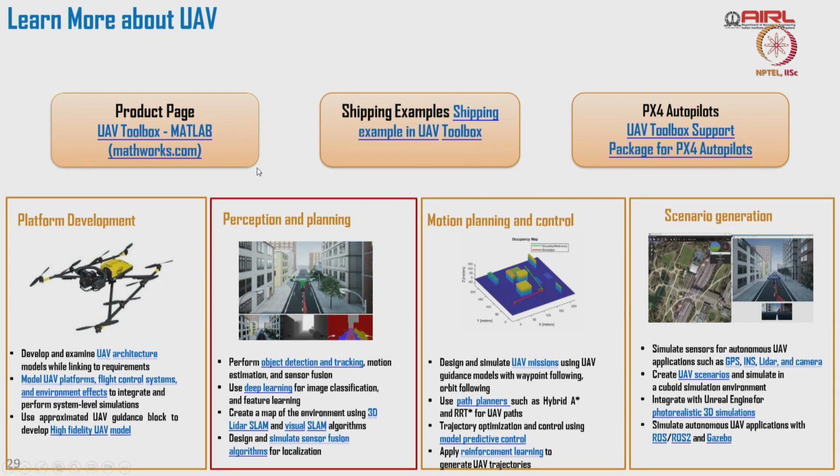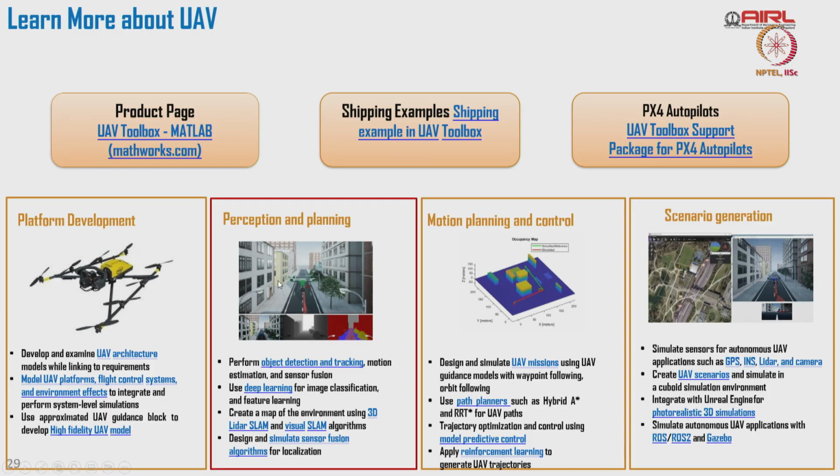This perception and planning part we'll be covering in the next module when we talk about autonomy. We talk about how we can use a camera as a sensor, and using the camera you can identify objects and then do obstacle avoidance if you want. You can also use the camera to do object detection, so we will talk about it.